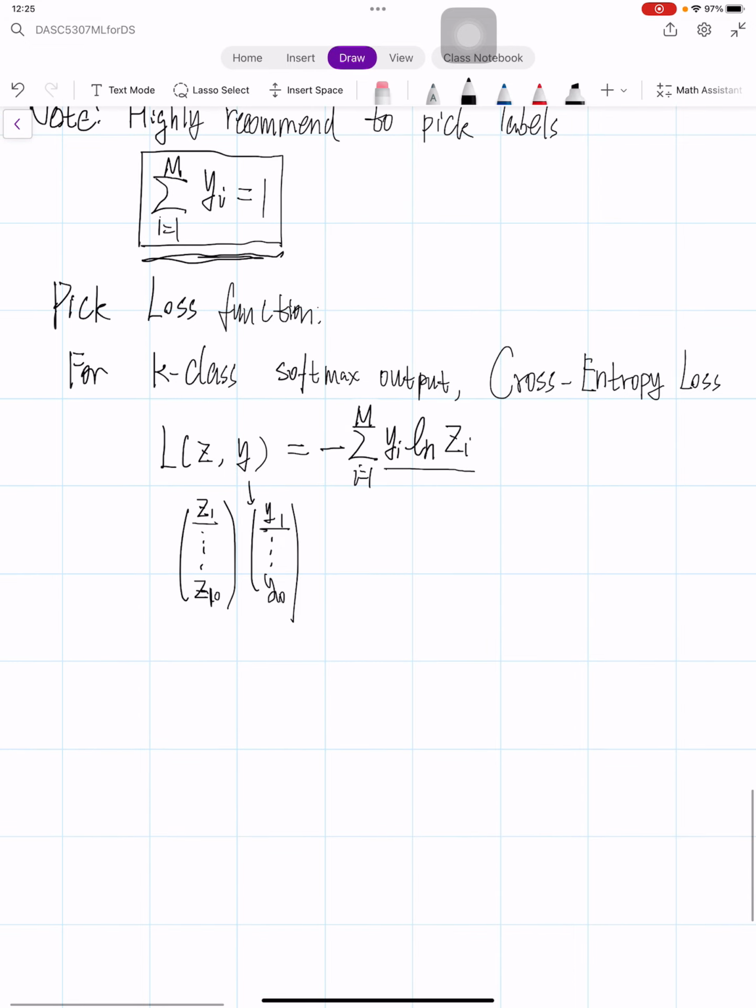The reason why we pick this cross entropy loss is that when m is 2, this is equivalent to logistic regression.